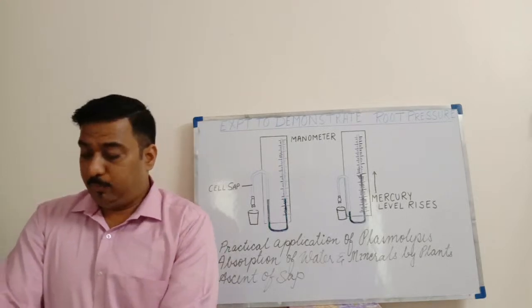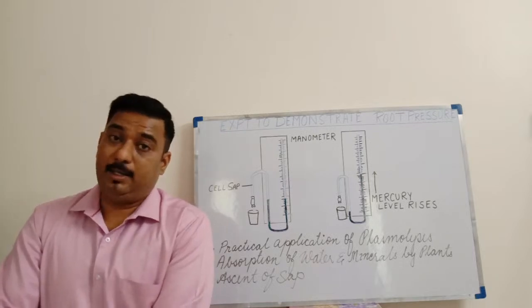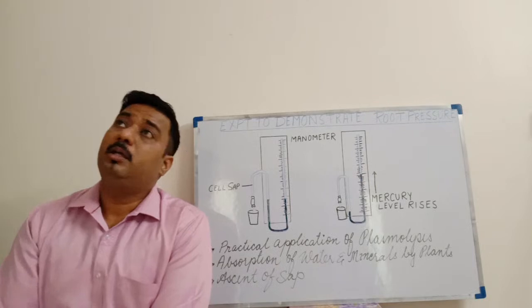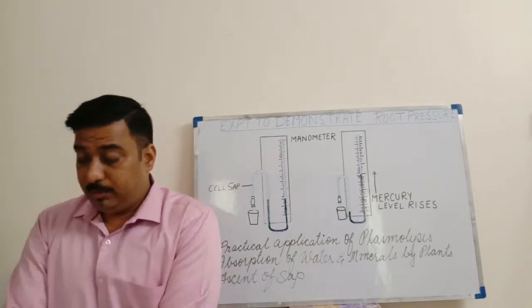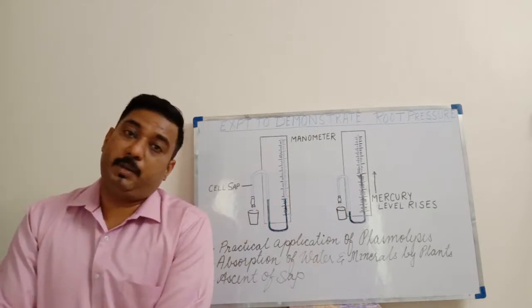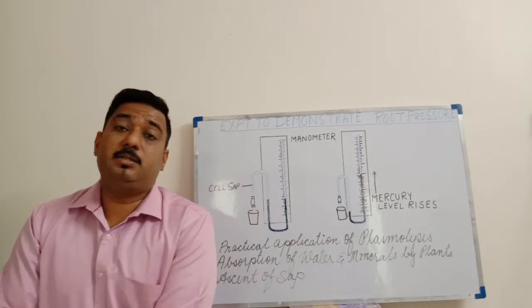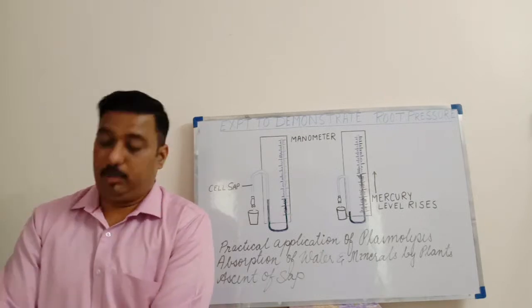The upward flow of minerals occurs through the xylem. As with the upward movement of water, the upward movement of minerals will also take place by xylem itself, since these minerals in the form of ions are dissolved in the water.